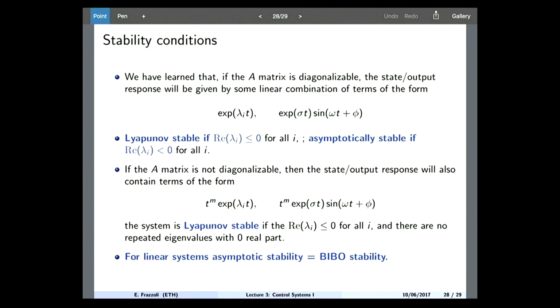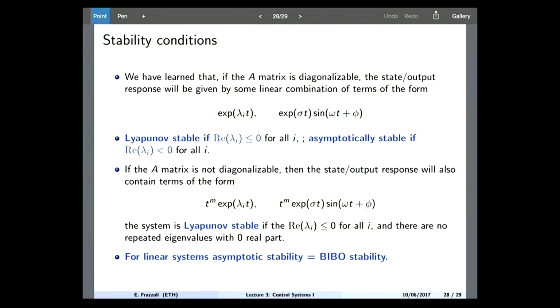If λ_i were a positive number, say 2, then what I will have here is e^(2t), and this is an exponential that actually diverges. So if I want my system to be Lyapunov stable, that is, never stray too far away from the equilibrium point, then I need the real part of all the eigenvalues to be non-positive.